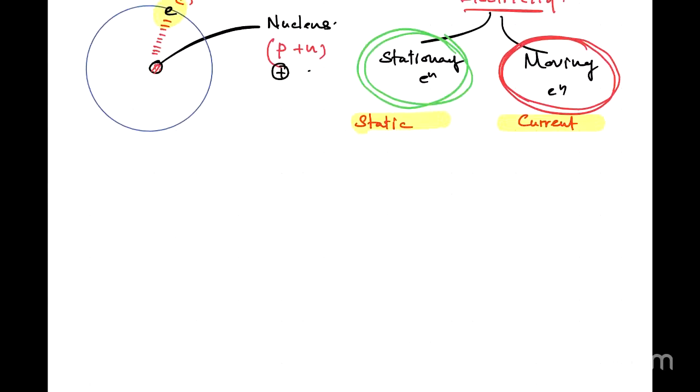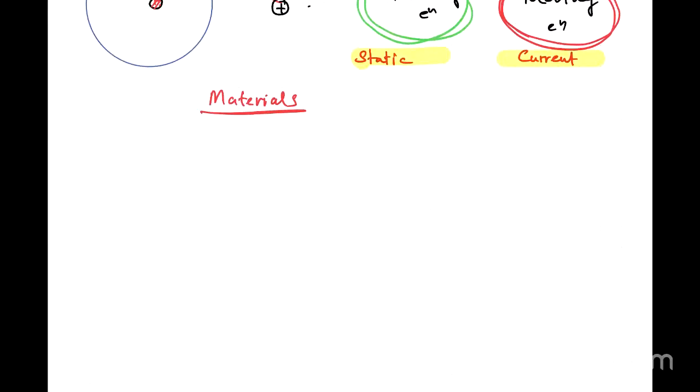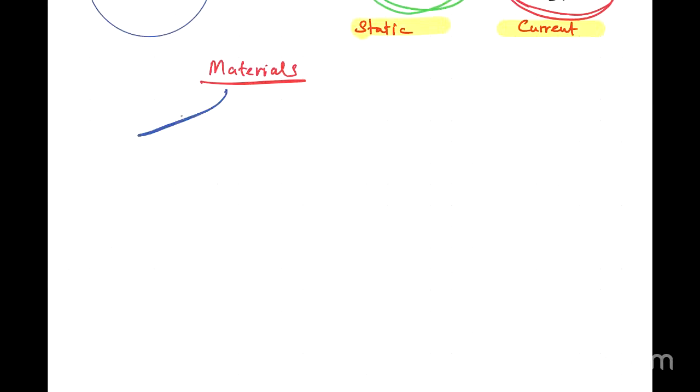When it comes to different sorts of materials, or we can say matter, they can be either conductive or insulative.